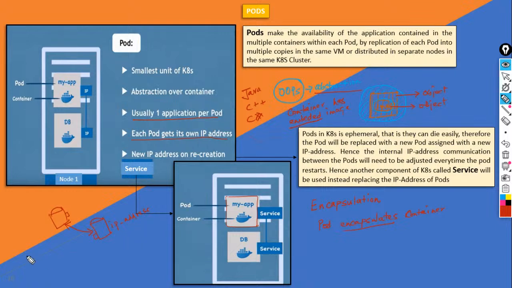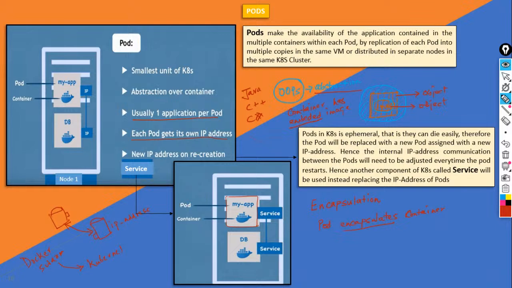So you have a Docker Swarm architecture, where it was container to container communication. But this is not very flexible. Therefore, it has given rise to Kubernetes.